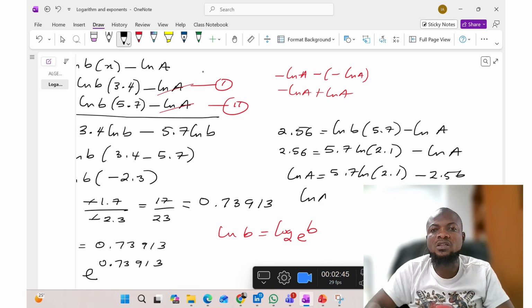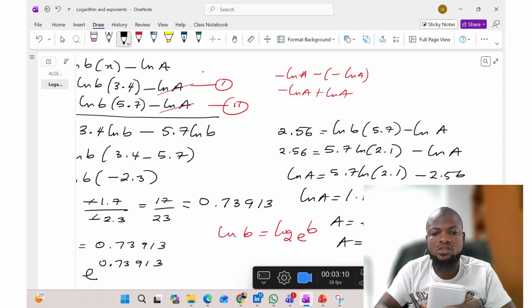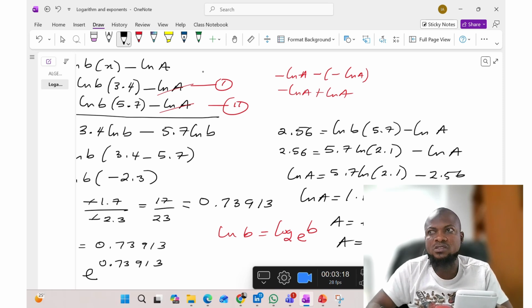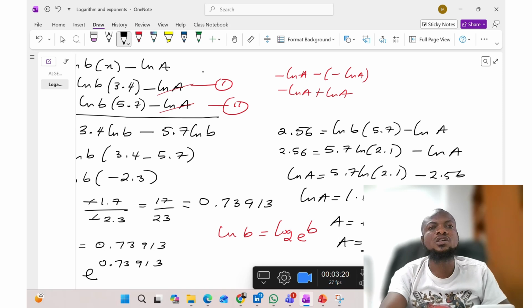So ln a is equal to 5.7 ln 2.1 minus 2.56, and that is 1.66904. That means a is equal to e raised to power 1.66904. So a is equal to 5.3. I hope this is well understood.